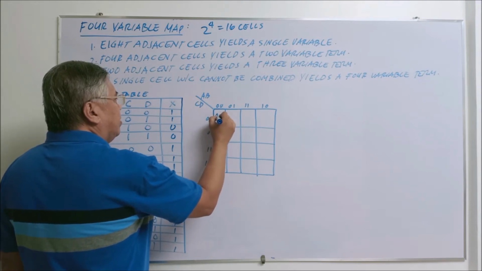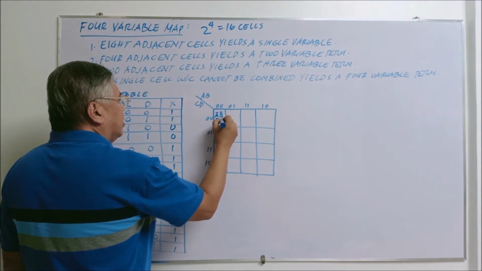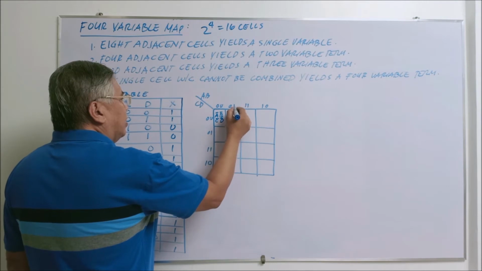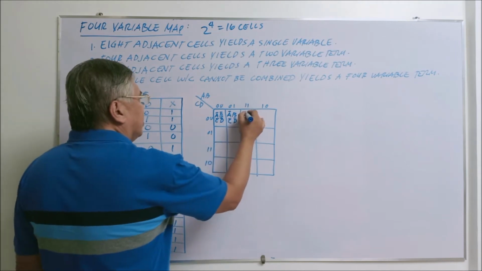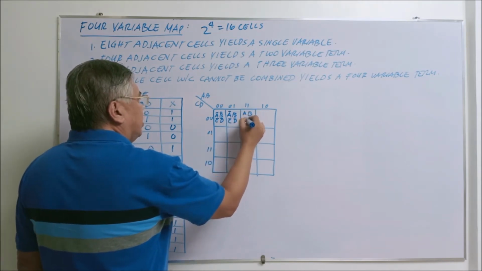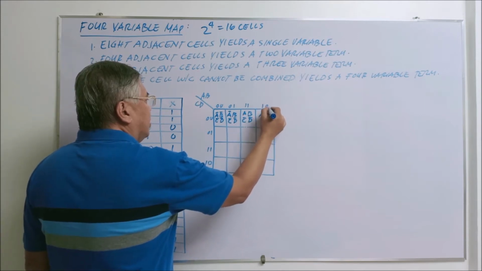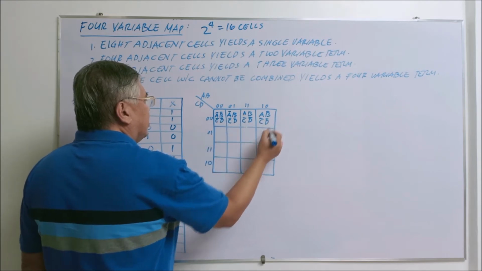So you have A bar, B bar, C bar, D bar. Then you have here A bar, B, C bar, D bar. Then you have A, B, C bar, D bar. A, B bar, C bar, D bar.